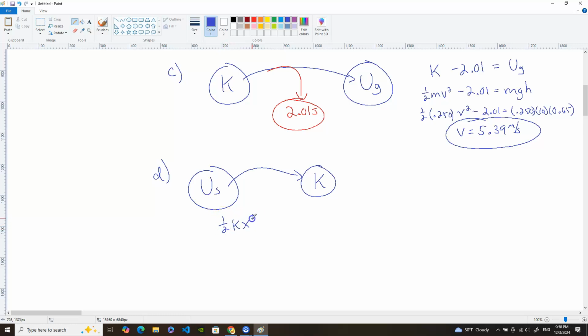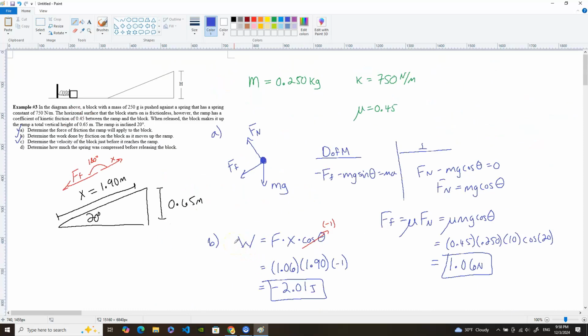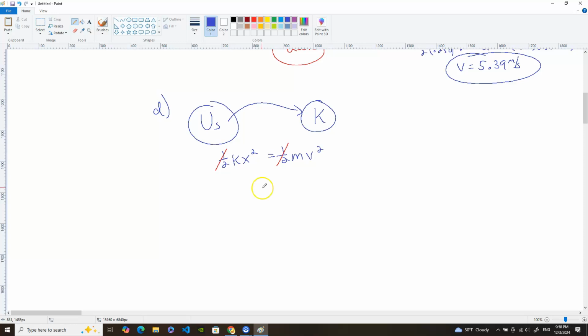So the 1/2 kx squared, there's no loss to friction or any other force in this transfer from spring to kinetic. It gave me a spring constant of 750. So I'll go 750 x squared equals 0.250, 5.39 squared.